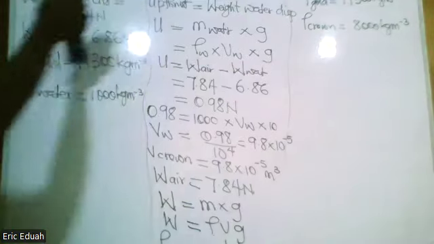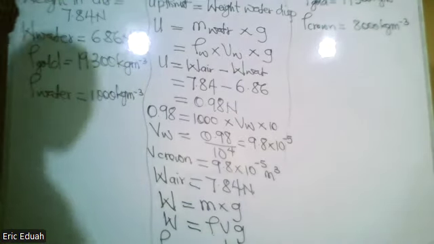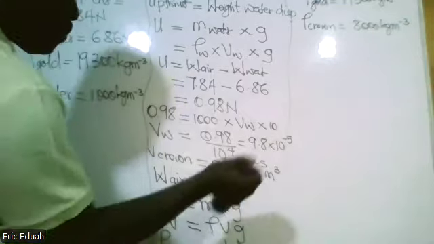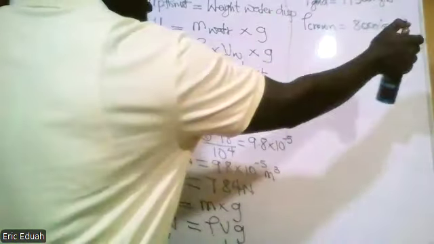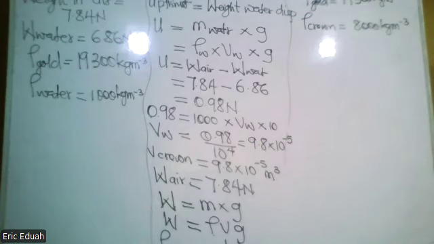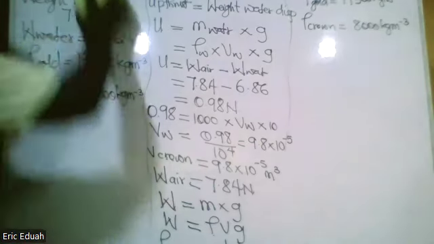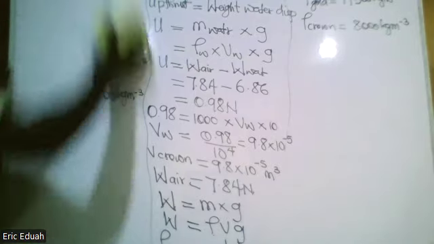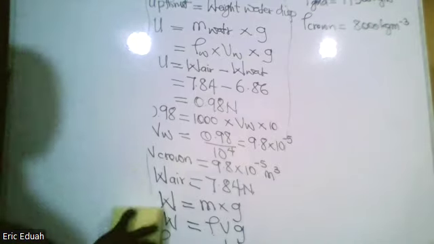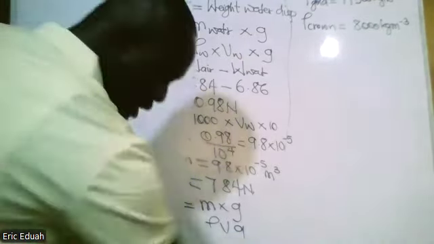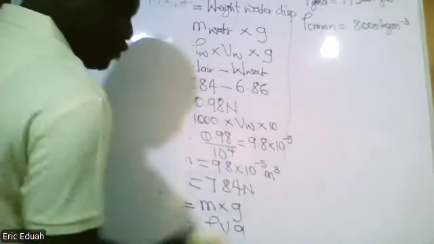And the principle of flotation is that bodies float when they have displaced a volume of water equal to their own volume, that is the parts submerged, or bodies float when they have also displaced a weight or mass of fluid equal to their weight or mass. That's basically the principle of flotation.